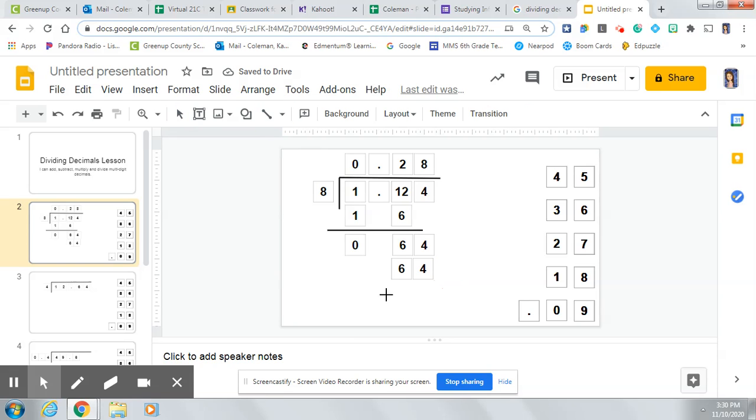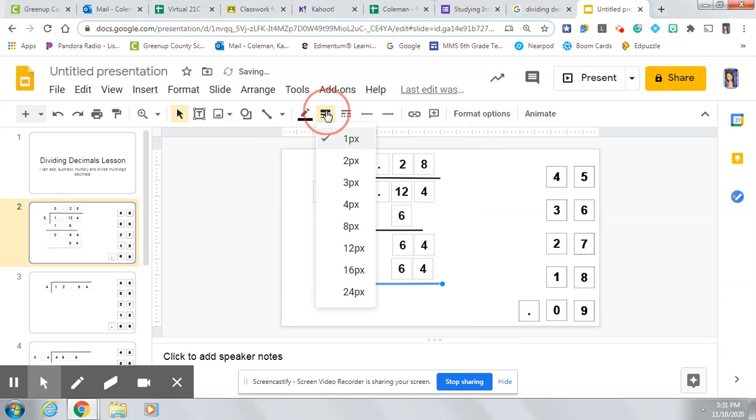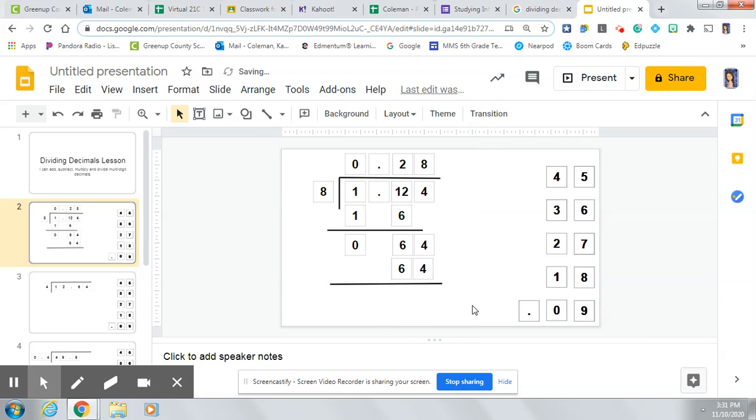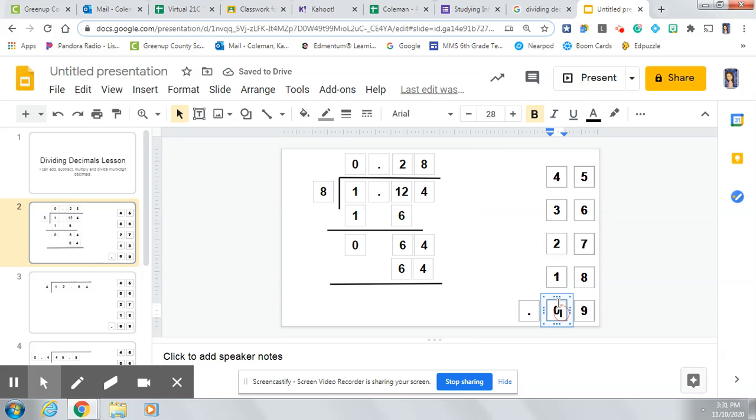And then if I subtract, I'm going to end up with 0 because 64 minus 64 is 0.